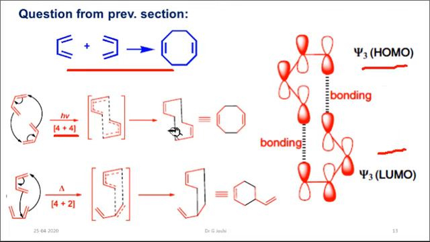We'll excite the HOMO of this reactant, because electrons are residing only on the filled orbital. So it will be psi3 of the first diene, and this is psi3 LUMO of the second diene. It will be an in-phase system, so the bonding is feasible.